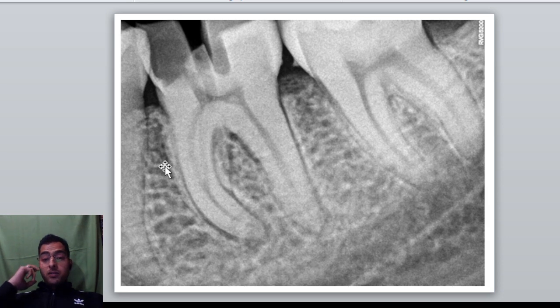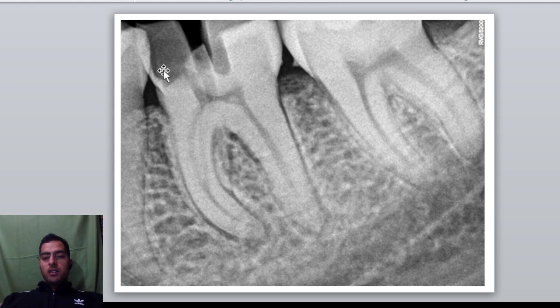This is the radiograph of this tooth. Here you can see there's a slight curve. Here you can appreciate two canals. But at the apical one third, there is only one canal. In the middle one third, you can see two canals.